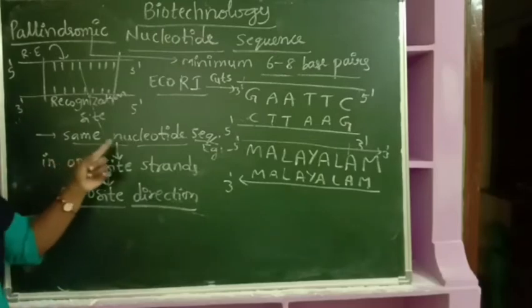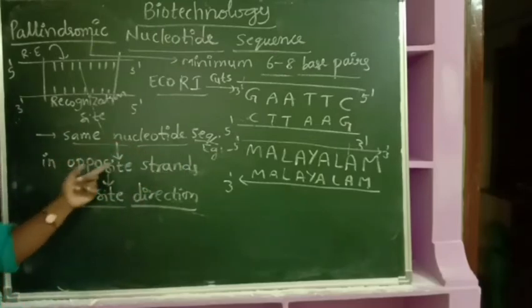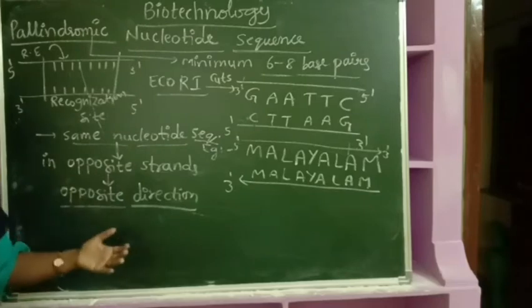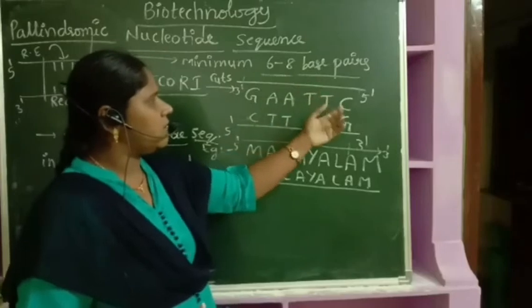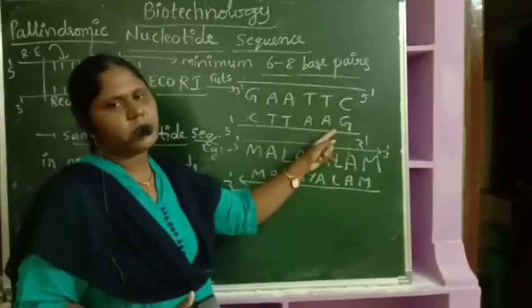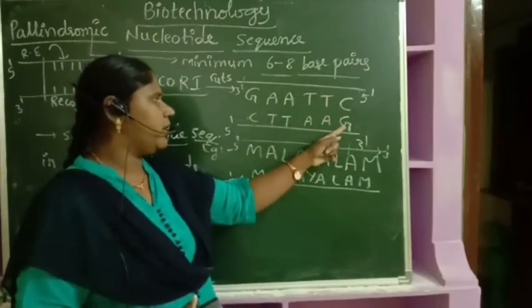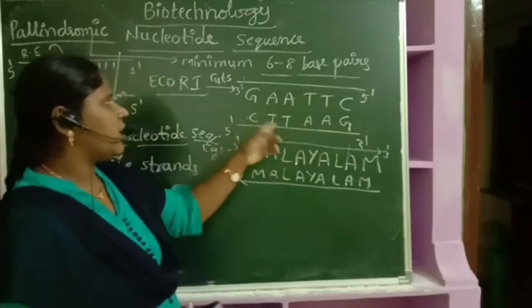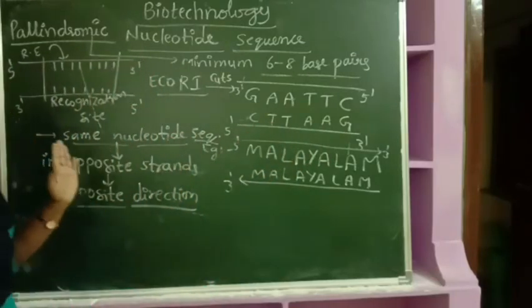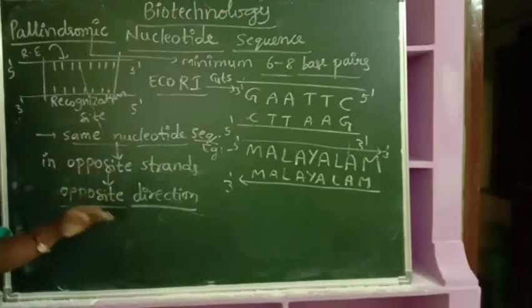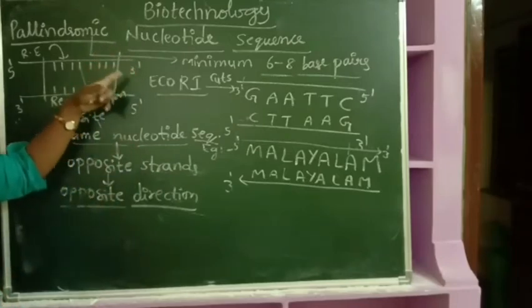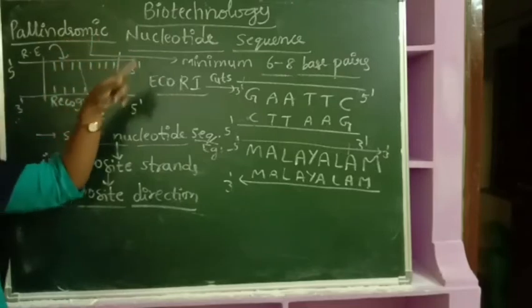So the same nucleotide sequence in opposite strands when we read in the opposite direction. If you go like this, GAATTC, on the opposite strand, if you read in the opposite direction, the same thing will be there, GAATTC. So when we read nucleotides, the same nucleotide sequence in opposite strands in the opposite direction is called a palindromic nucleotide sequence.